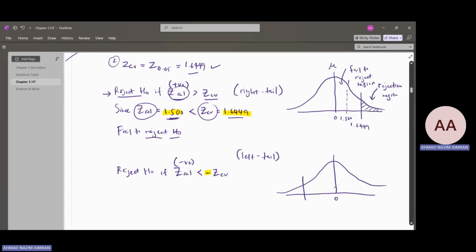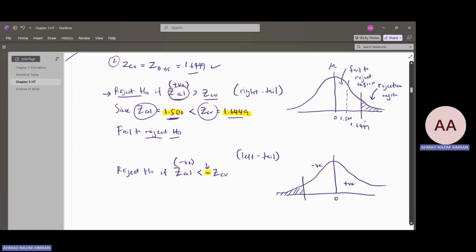The same goes for the left tail. Since this is 0, we know that the right side is positive and the left side is negative. Therefore, this is the rejection region. So that is why you need to include negative for the Z critical value.